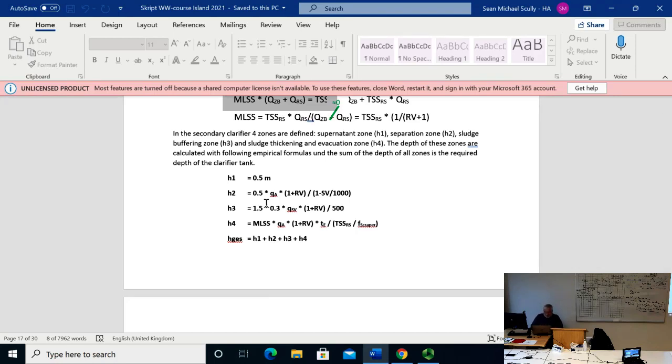So it's 9.1 divided by 24. That's it. That's 0.37. Is that right?